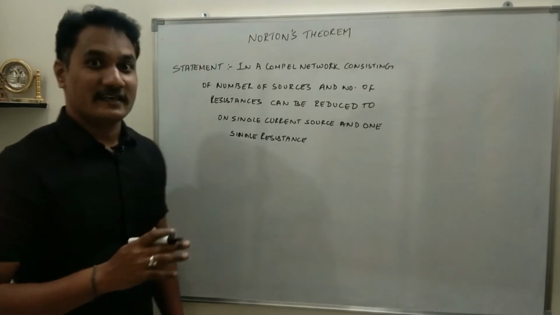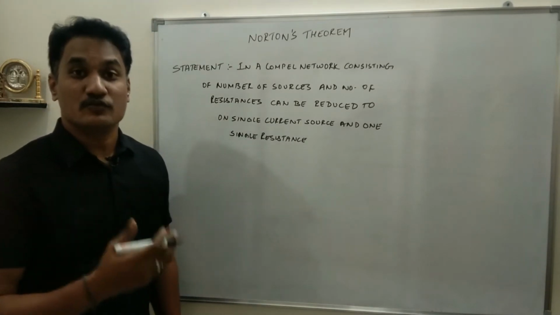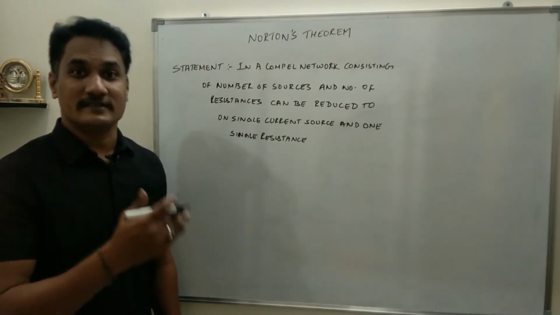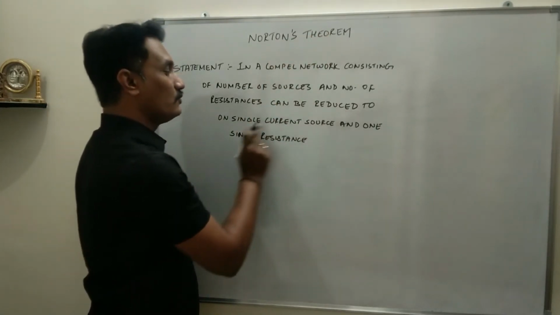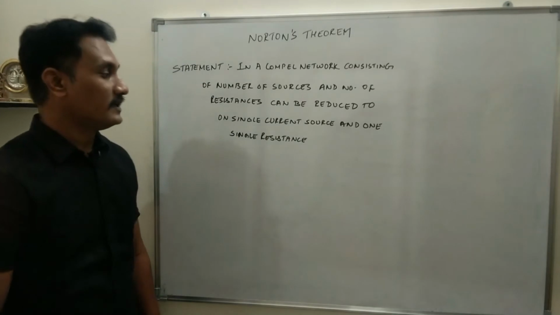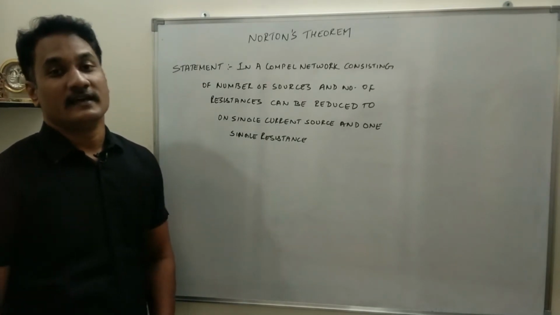What was in Thevenin's theorem? A complex network can be reduced to one single voltage source and one single resistance. Here, Norton's theorem, it will be reduced to one single current source and one single resistance.